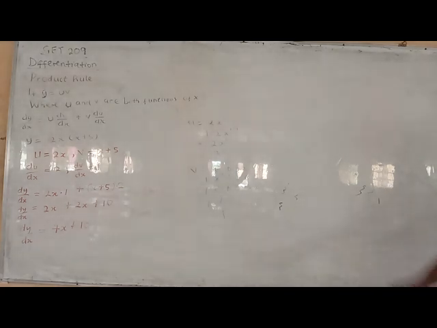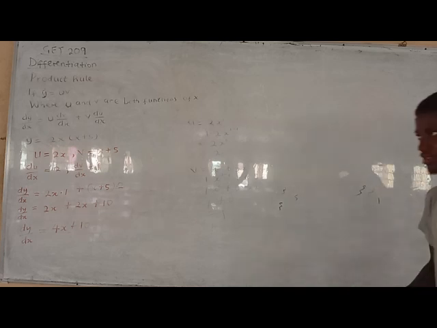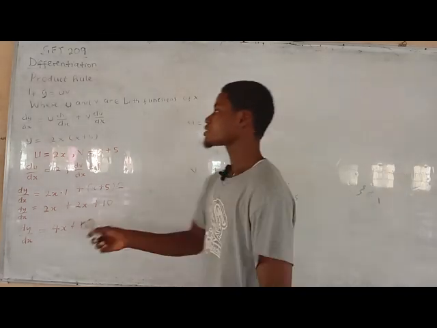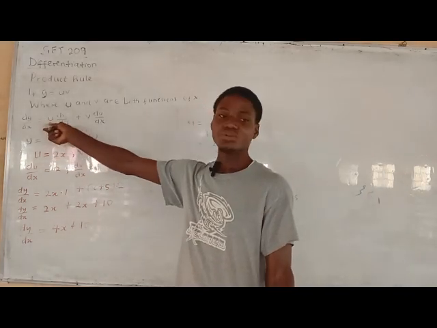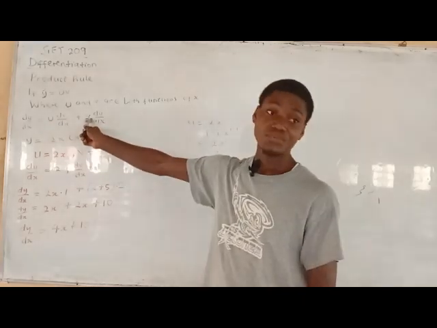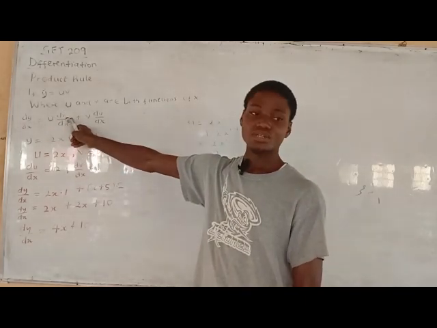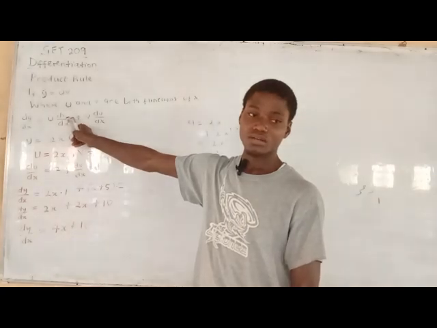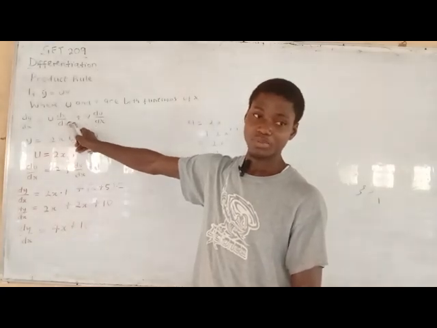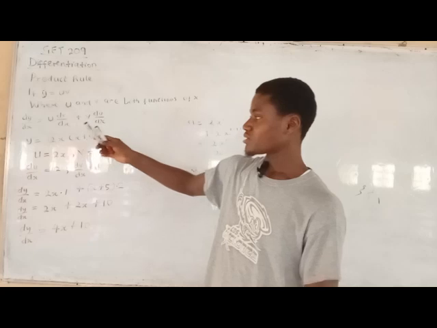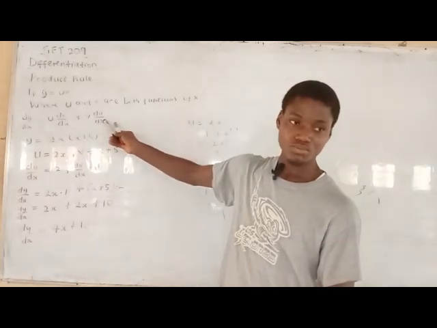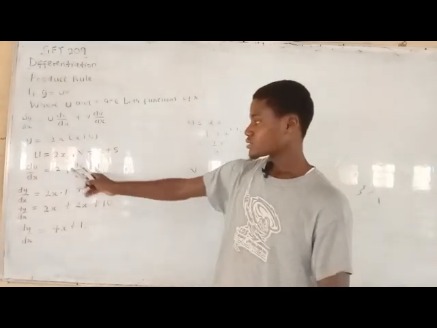That's the answer. The thing with product rule is: identify your u, identify your v. Now find the differentiation of your v with respect to x, and of your u with respect to x. That's what we did here.